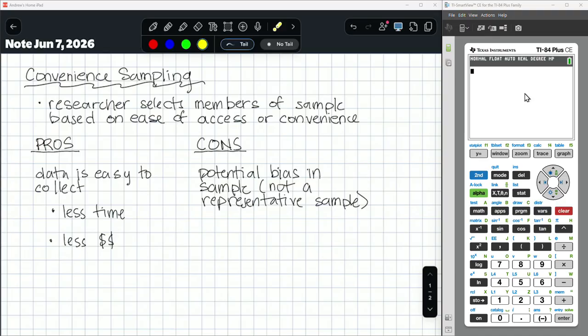There is another way to collect people that wasn't mentioned in any of these videos called a volunteer sample. We get them with volunteer surveys. They also tend to have these pros and cons, where volunteers typically are easy to access and require less time and money, but we get a different set of potential biases.